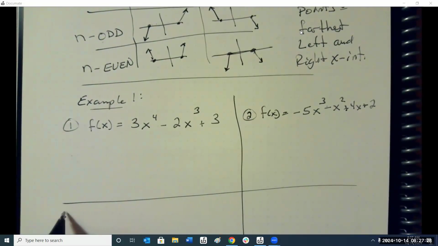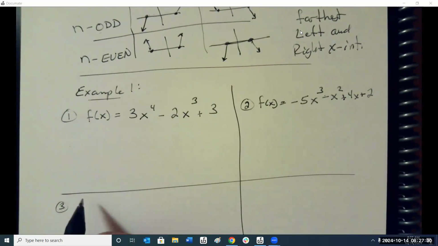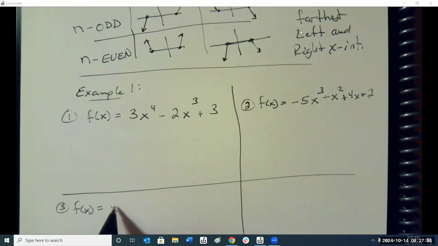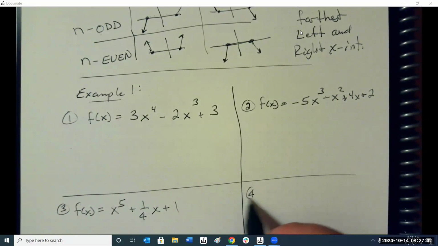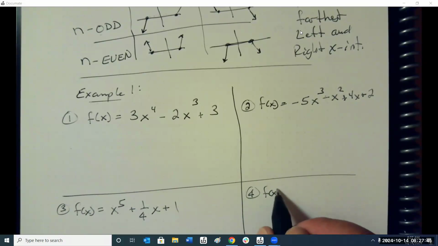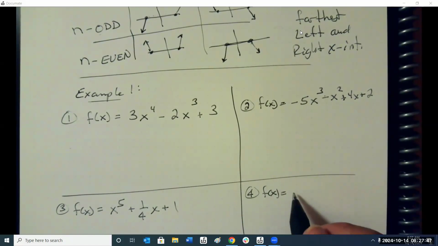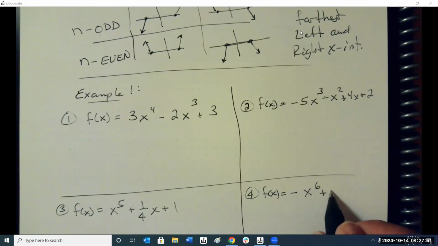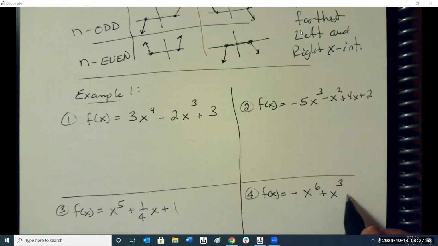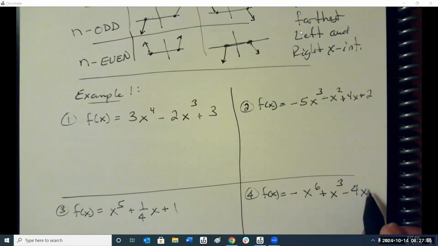And number 3, C, f of x equals x to the 5th plus 1/4 x plus 1. And the last one, f of x equals negative x to the 6th plus x cubed minus 4x.